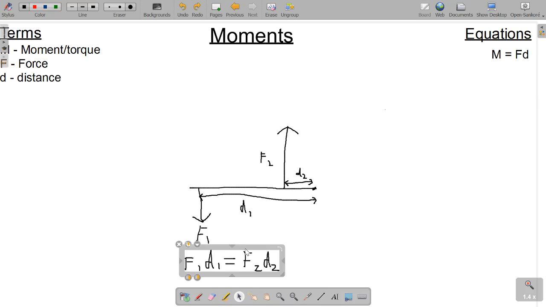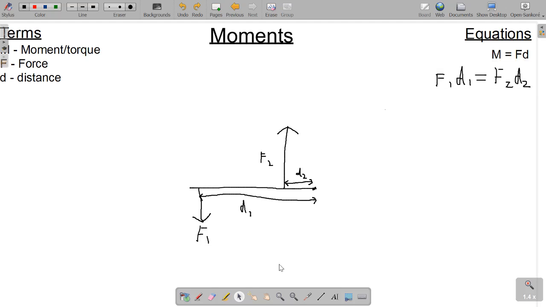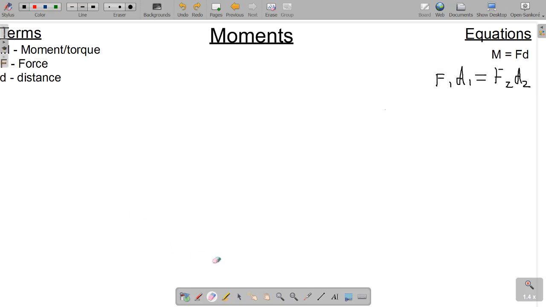The second thing to note is that it doesn't matter how the axle looks. For example, the pivot could be here, the force is in this direction, and the axle is some weird curvy thing that looks like this. Here's the force.